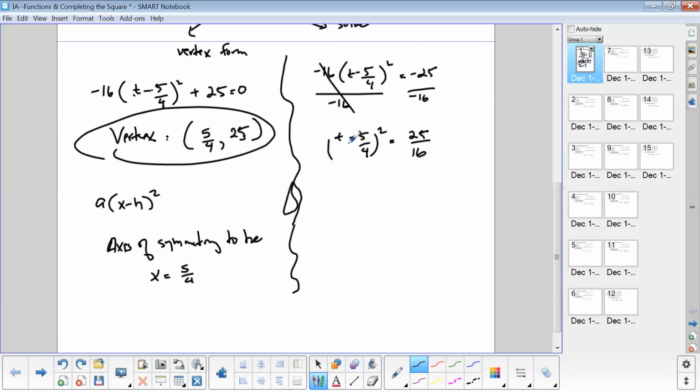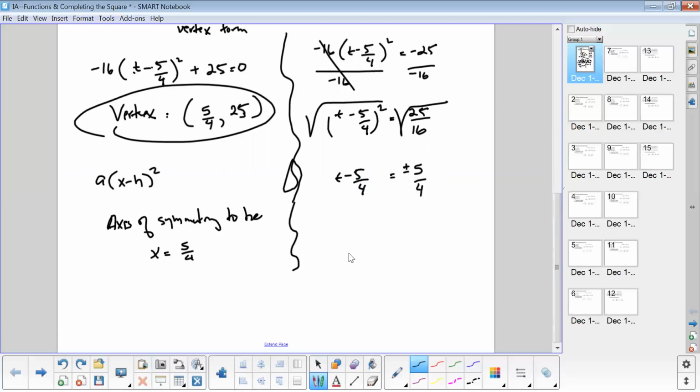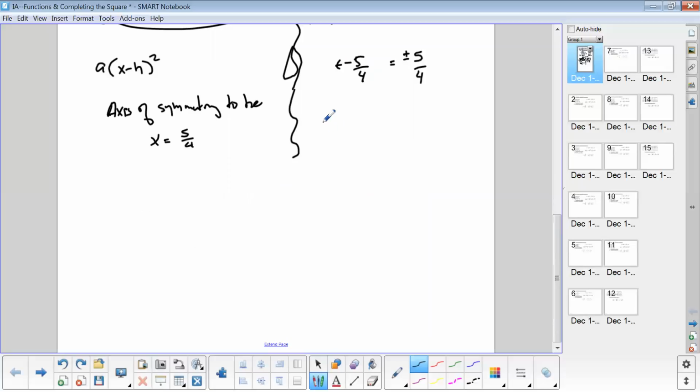And remember, in order to get to this t value, I want to square root both sides. That's going to create a plus and minus. So this is 5 fourths, and this is t minus 5 fourths. So I've got t minus 5 fourths equals 5 fourths, and t minus 5 fourths equals a negative 5/4.